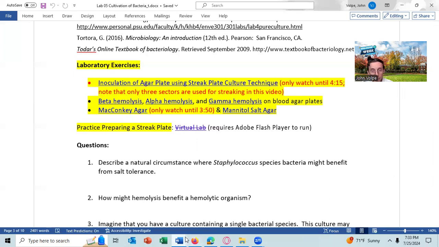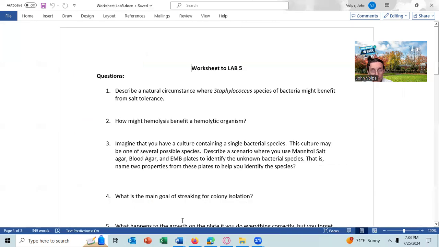Remember to work in the lab worksheet because some of the questions may have changed, as well as there may have been added questions. So the worksheet for lab 5: 1, first describe a natural circumstance where staphylococcal species, meaning a member of that family, a bacteria, how it might benefit from salt tolerance.